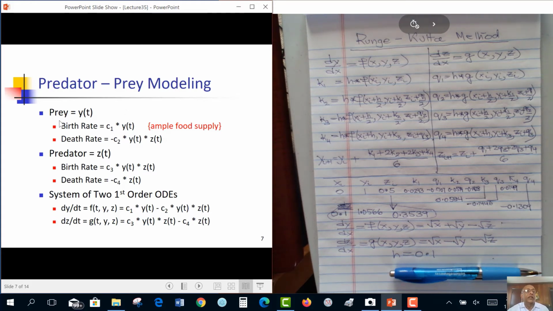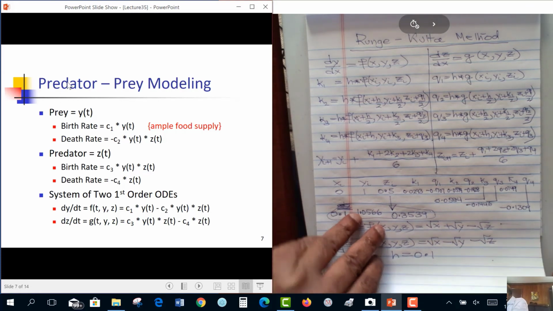So think of your prey as being the virus and our vaccines being the predators. Of course, you may have more than one differential equation, but let's start here. So let's think about, for instance, rabbits being the prey and foxes being the predators. So let's try to model this.